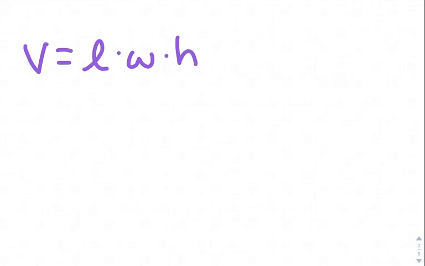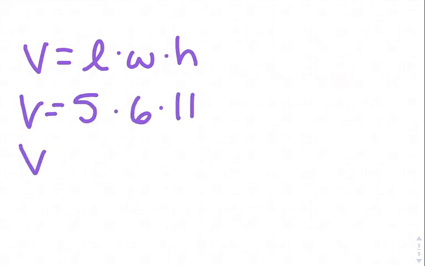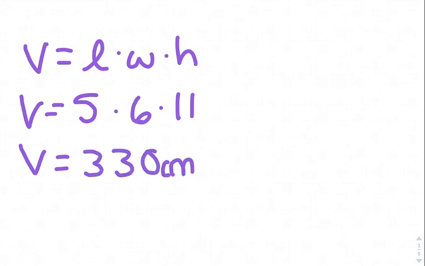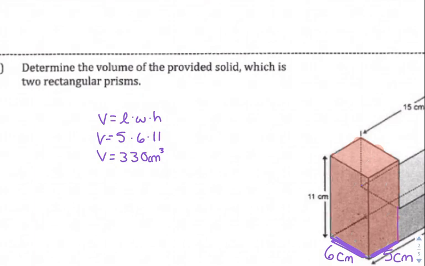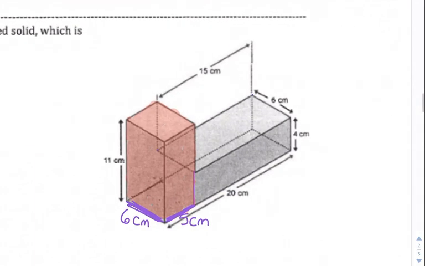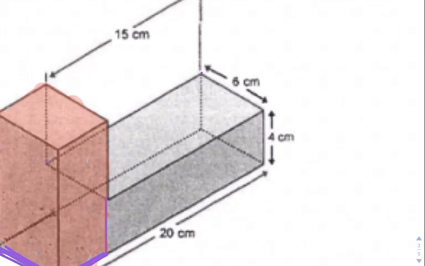So my first volume is length times width times height, and this is the volume of my red shape. So 5 times 6 times 11, and I get 330 centimeters cubed. So that's for my red shape. Now I go over here. Well, I know from here to here is 15 centimeters.